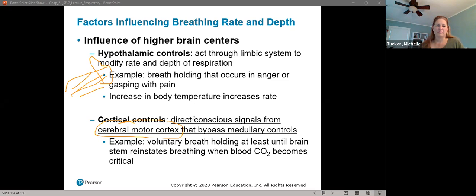But we are able to hold our breath, take deep breaths, and hyperventilate intentionally, with those cortical controls for a short period of time.